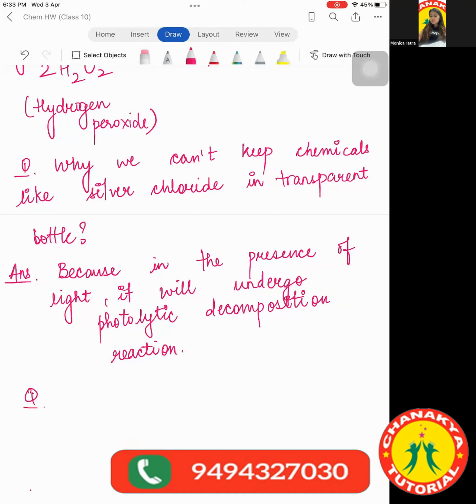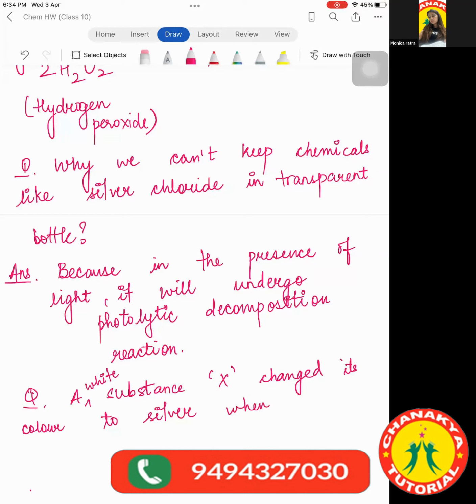Okay, so a white substance X changed its color to silver when kept in a transparent bottle.